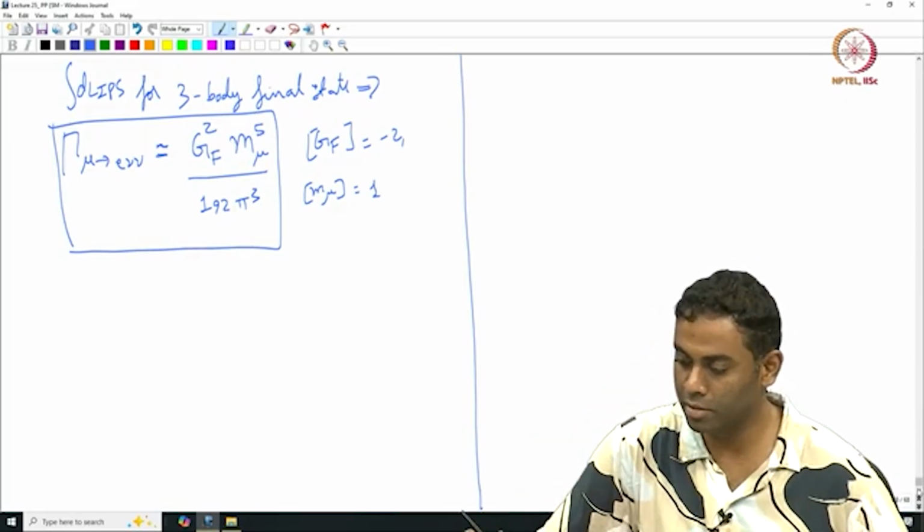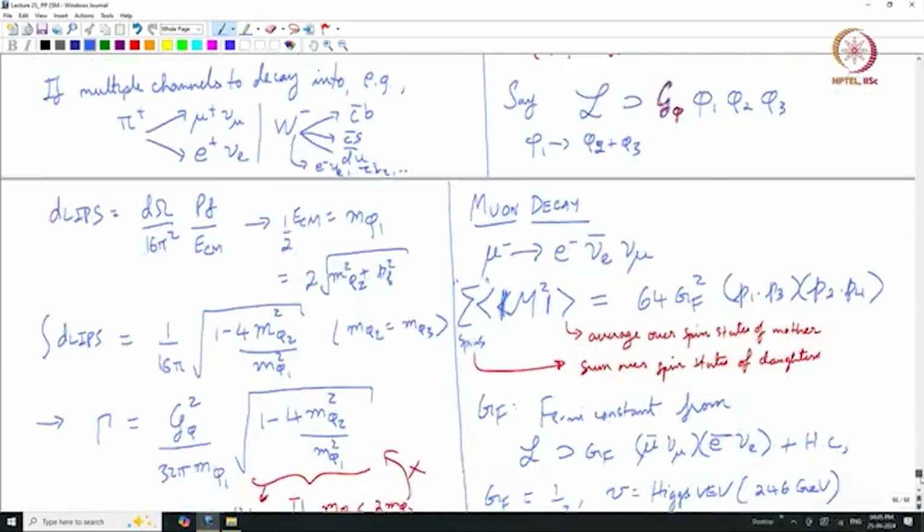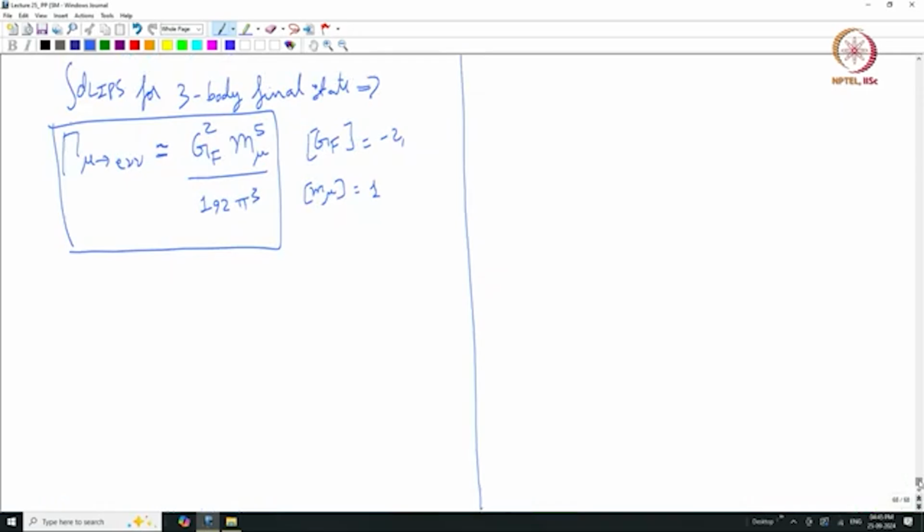This is different from the previous case where we had a coupling that had positive dimensions, so we had the mother's mass sitting in the denominator. Now we have a coupling of negative dimensions, and it had to be squared again because it is in the rate. To compensate for that, I have 5 powers of the mother's mass sitting in the numerator. This is how you do sanity checks to check for a sensible expression for the decay rate. And of course, the 192 pi cubed comes from phase space.